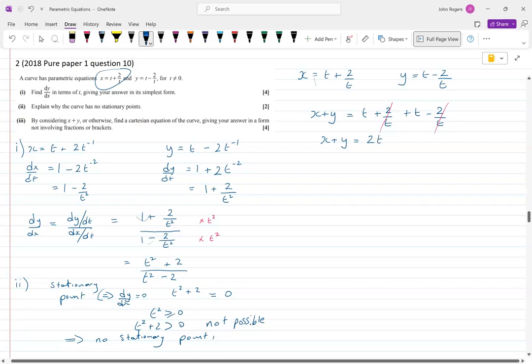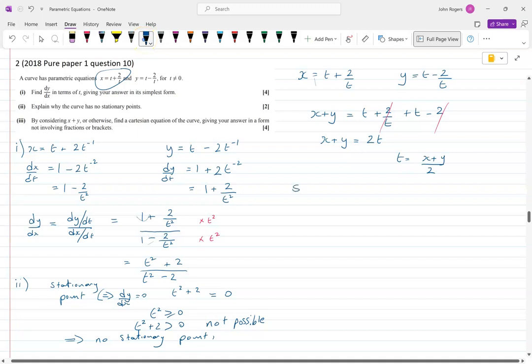That's kind of brilliant, because that's what we want. We want t to substitute. Doesn't matter whether we substitute it in here or in here, so long as we do it properly. It does say it doesn't want fractions or brackets in our answer, but we should be okay now. So we've got t is equal to x plus y over 2.